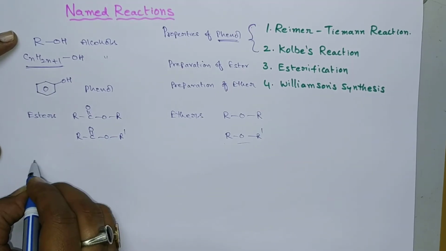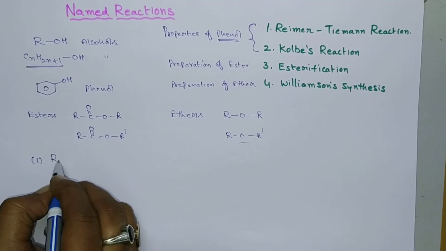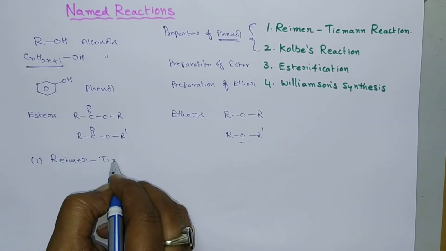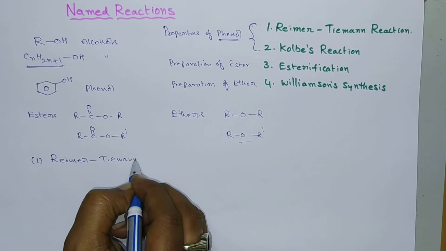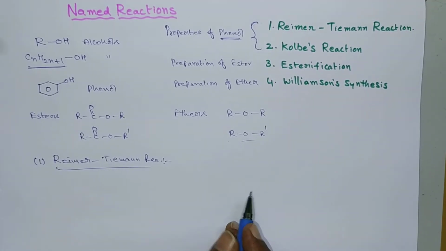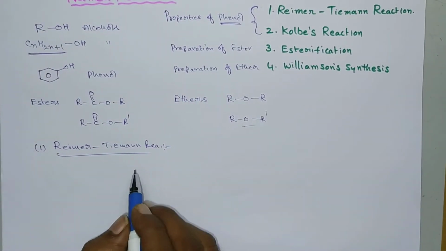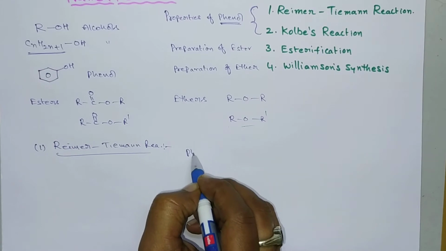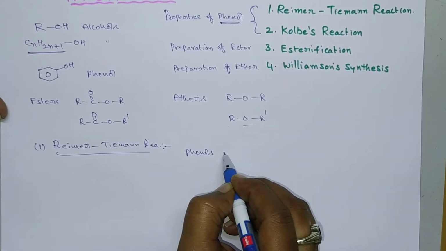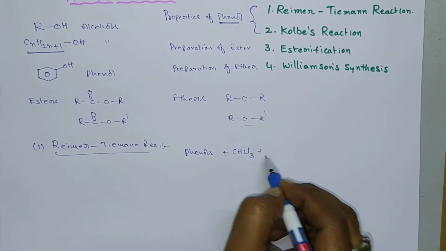The first one is the Reimer-Tiemann reaction. It is a property of phenol, that's why we have to take a phenol. What is the statement here? Phenol reacts with chloroform CHCl3 and KOH or NaOH.